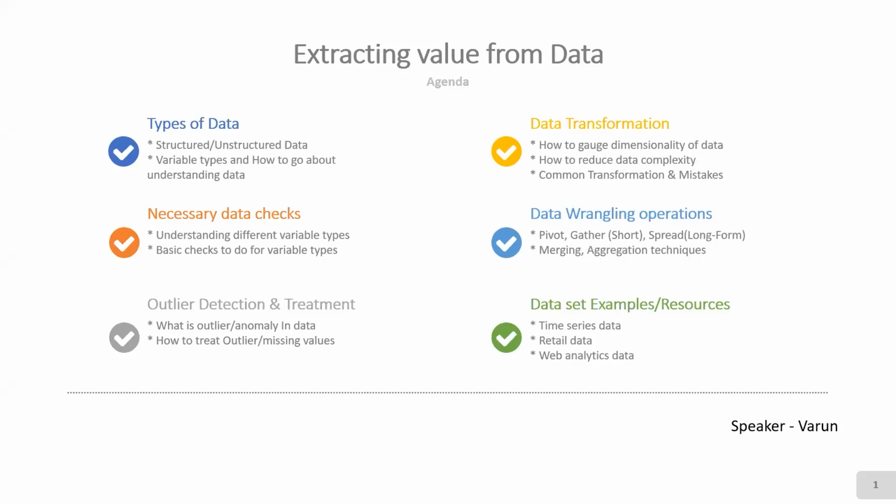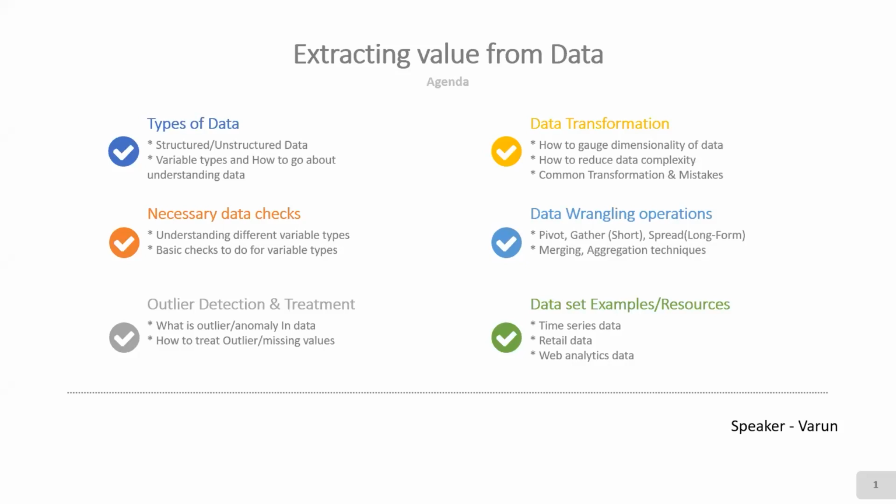It also caters to the problems of outlier detection and treatment, which is one of the most important aspects when we are building any machine learning model. Data transformation and processing is also a key aspect, where we want to understand the dimensionality of the data and what transformation will help us structure it in a way that is suitable for a best-fit model.